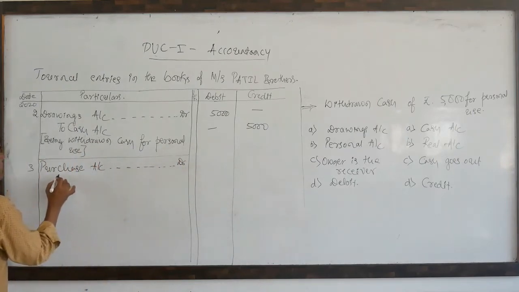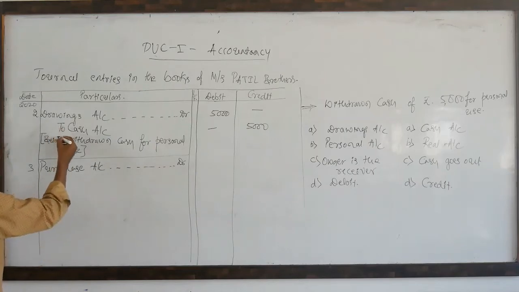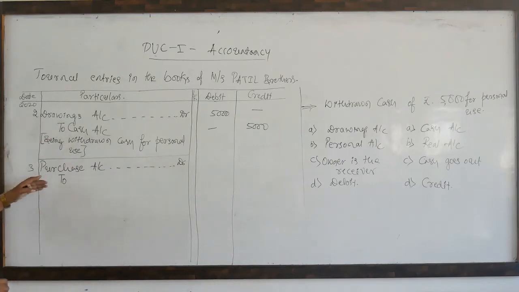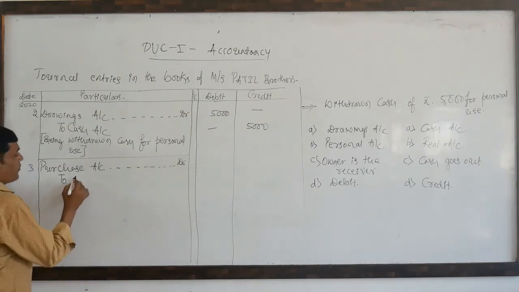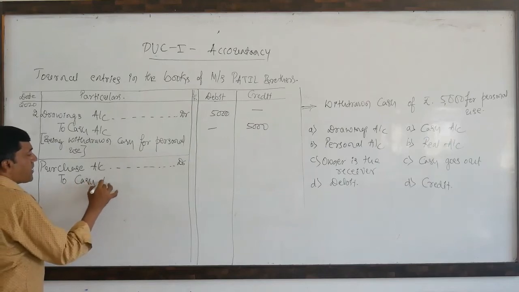Debtor to. So here we need to follow the justification, we can say, in the computer term. It is the justification or alignment. This is the left alignment. So purchase account debtor to cash account.